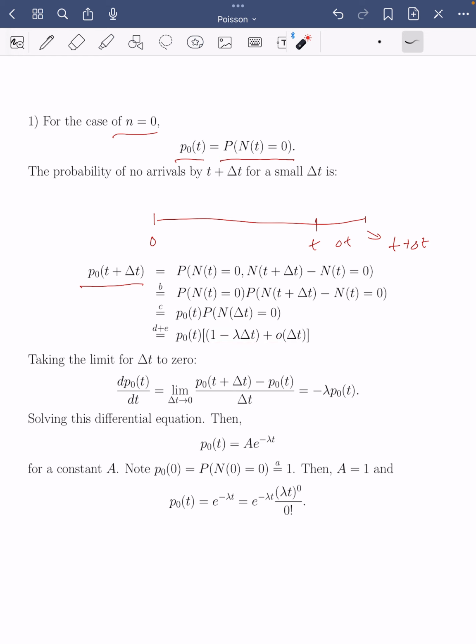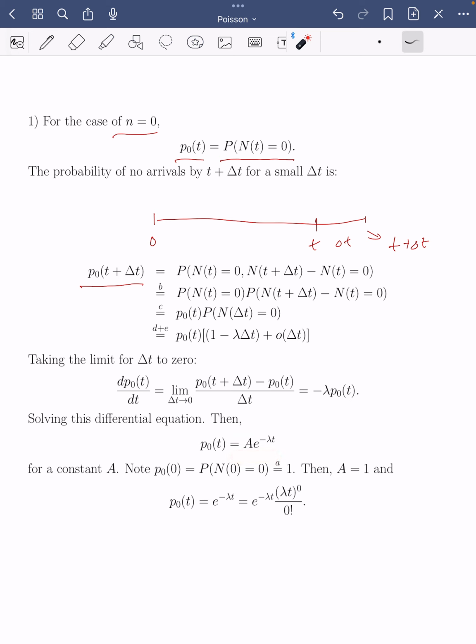Okay, so now we can use this term, subtract P_0(t), and then divide by delta t, and then we let delta t go to 0, and we find that this limit is equal to negative lambda times P_0(t). All right, we just solve this differential equation. So we conclude that P_0(t) is equal to a constant a times e to the negative lambda t.